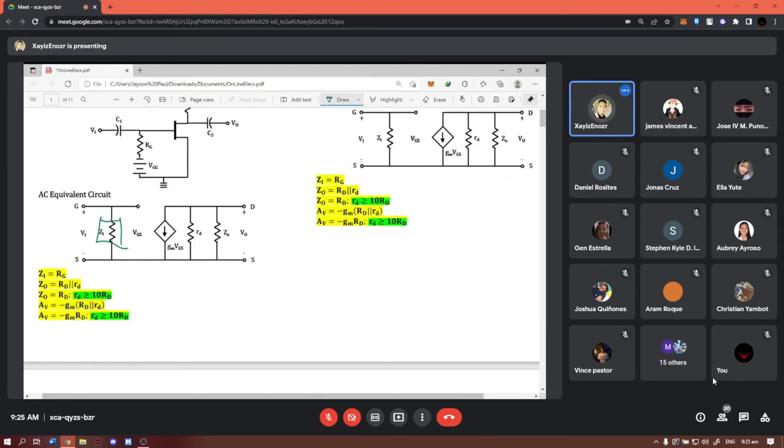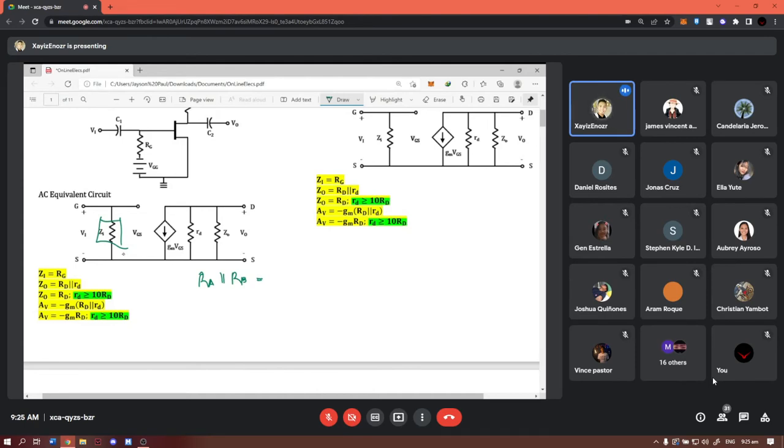Or kapag yung ating AC drain resistance rd is more than or equal to 10 times ng resistance sa drain RD, we can simply put yung ating output impedance as equal to the drain resistance alone. Kasi, di ba kasabi ko, kapag may dalawang parallel na resistance, for example, si resistance A parallel with resistance B, ano magiging resulta ng equivalent resistance nito?